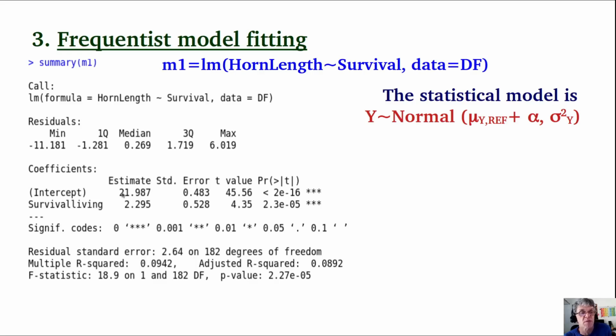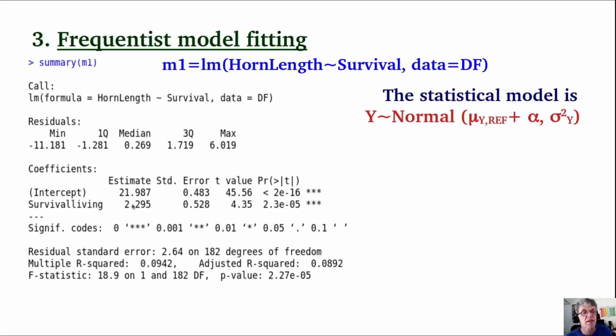The reference group is therefore killing, and survival living says that this is the alpha, the differential of means between the reference group and the other group living, which is of 2.29 units. So we have the standard error of the mean of the reference group, and this p-value simply says that this mean of the reference group is significantly different from 0, which is of no interest to us.